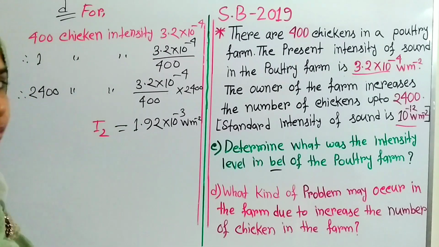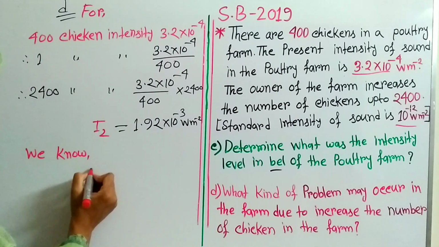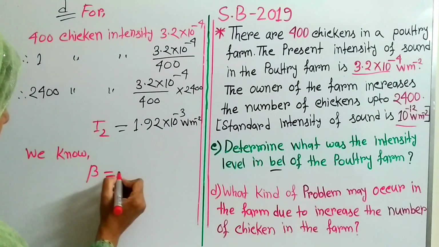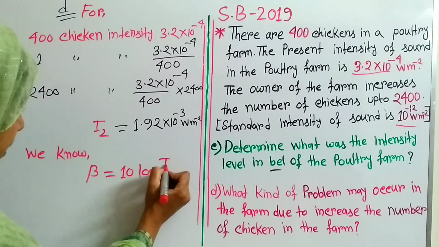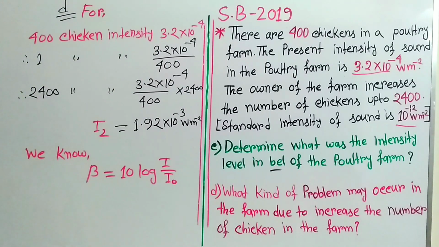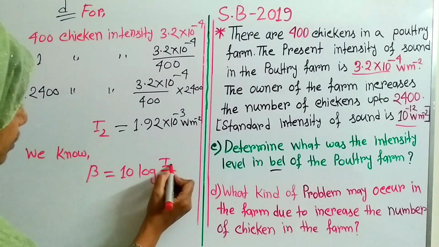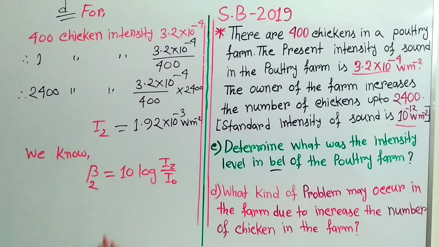So we can consider it as I2. Now we know that beta is equal to 10 log I by I naught. As we are calculating here the intensity for 2400 chicken, so we can consider I as I2.